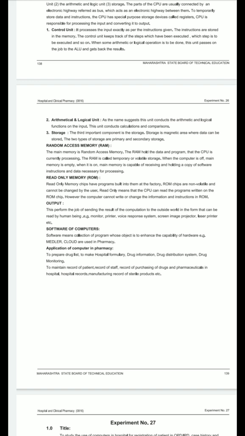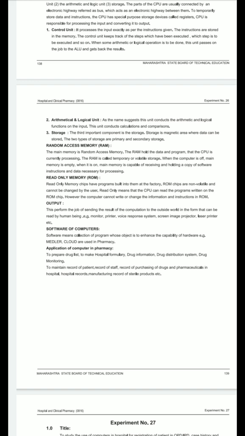Then random access memory, that is RAM. The main memory is the random access memory. The RAM holds the data and programs that the CPU is currently processing. RAM is called temporary or volatile storage.